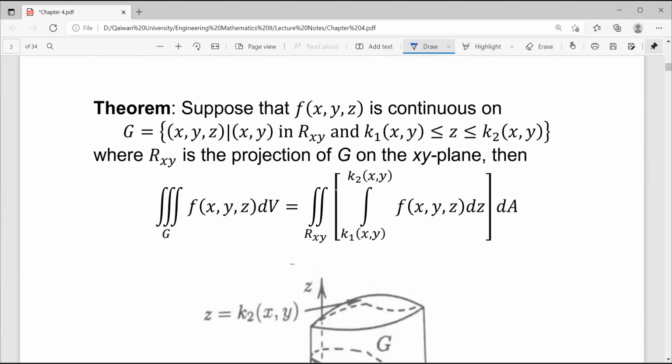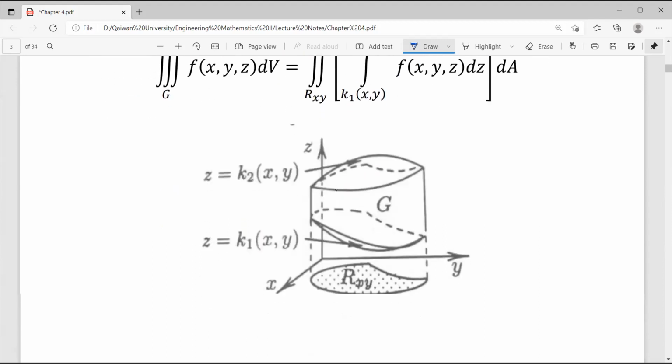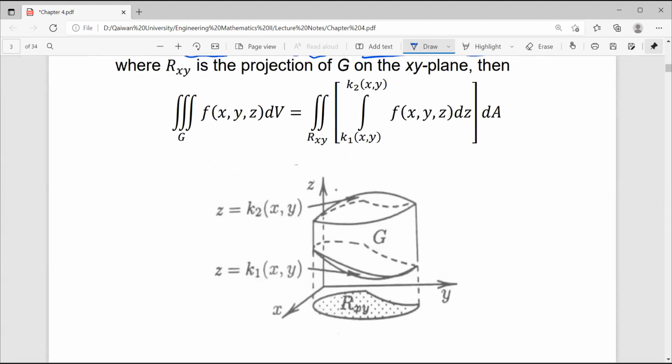We suppose f of x, y, z is continuous on this solid, the set of (x, y, z) where (x, y) is in R_xy. That means it's on the xy plane, and z is from a function of x, y to another function of x, y. Here R_xy is the projection of the solid.